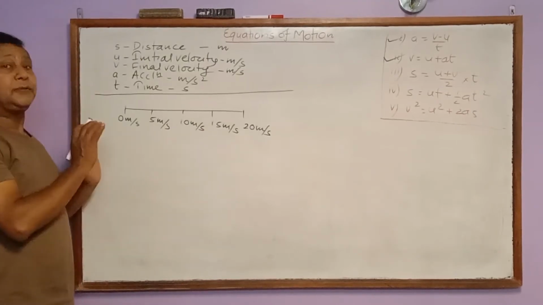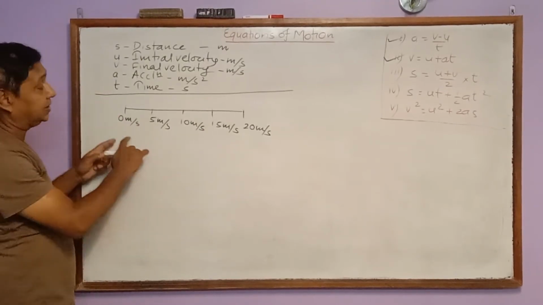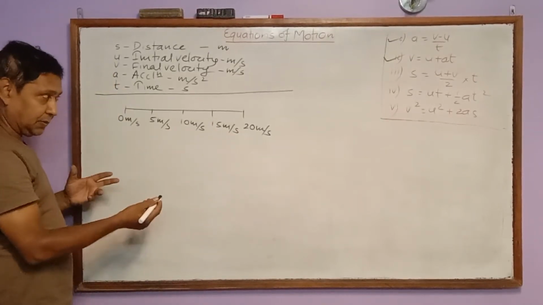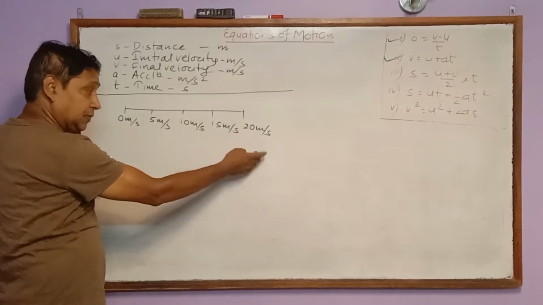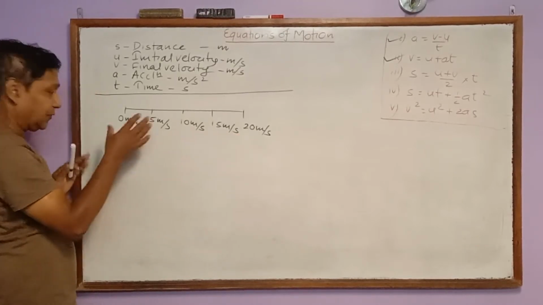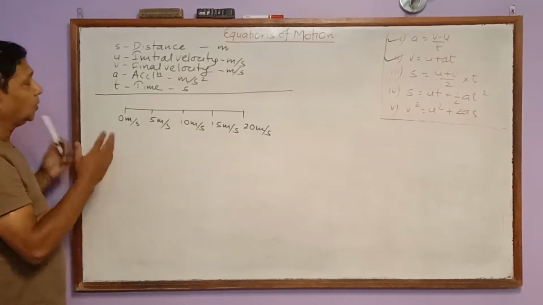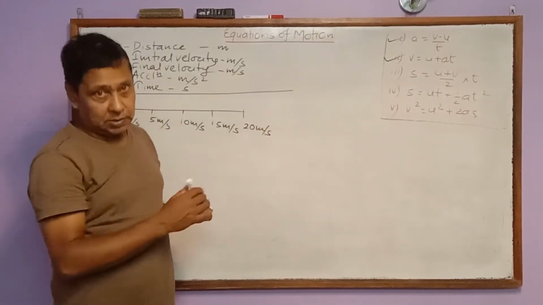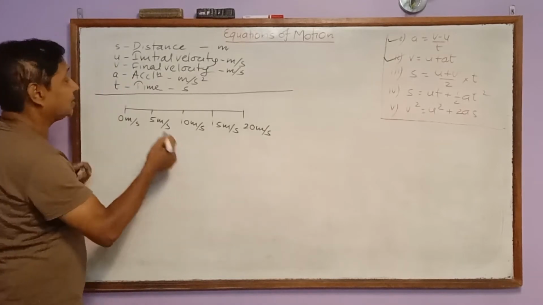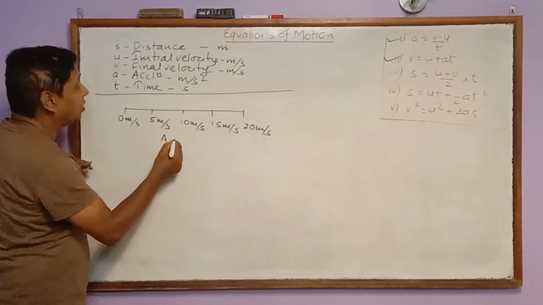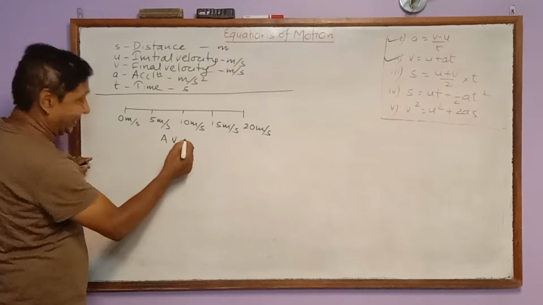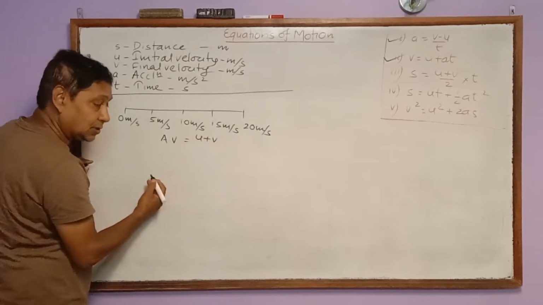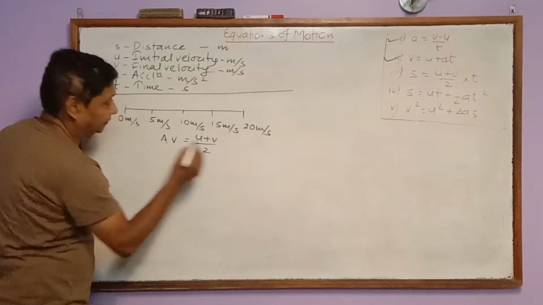And if we have to take a single velocity for this motion, what to take? This is a little confusing. Whether we have to take 20 meter per second or 10 meter per second or 5 meter per second or 0. So the average velocity is taken to solve the numerical problem, and the average velocity for a uniformly accelerating body is taken as the sum of the initial and final velocity divided by 2.